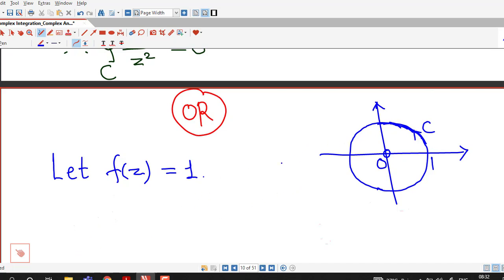So we can see that f of z is 1 for all z. So function f of z is analytic at all points inside and on this simple closed contour mod z equal to 1.